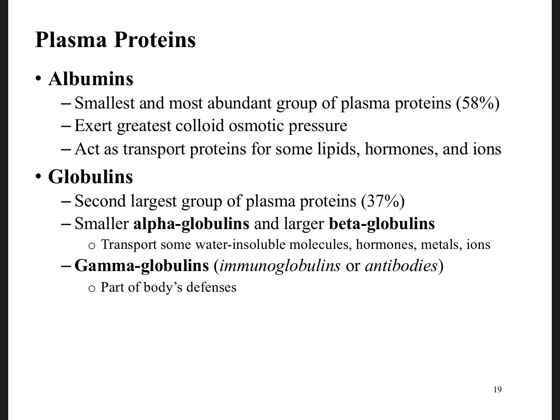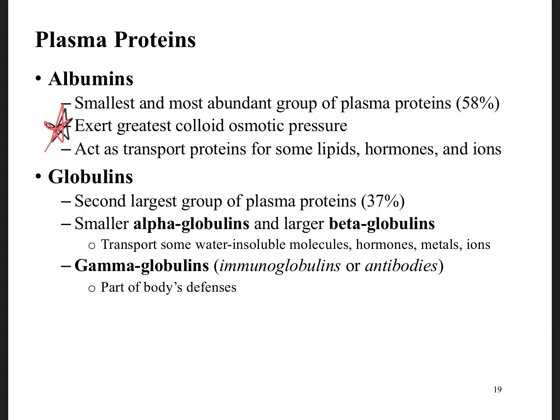So your albumins are the smallest and the most abundant group of proteins. And like I said, they exert the greatest colloid osmotic pressure, right? Their job is they're actually transport proteins and allow lipids, hormones, and ions to be transported in the blood, okay?